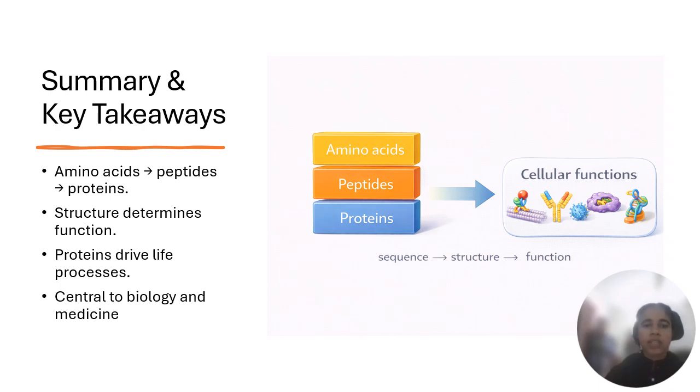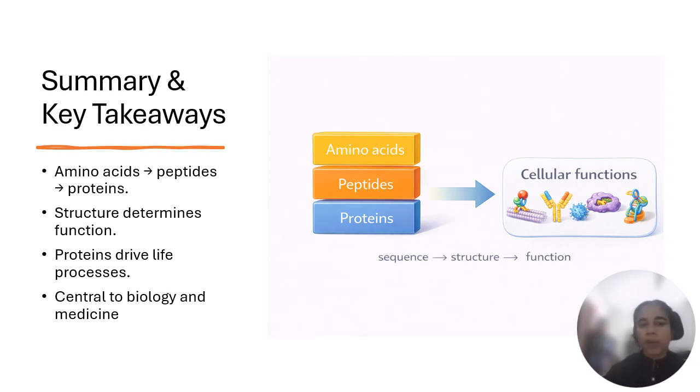Now let's summarize everything that we have learned. We started with amino acids, the smallest building blocks. When amino acids join together, they form peptides. When peptides fold into complex three-dimensional structures, they become proteins. And these proteins perform nearly every important function inside the cell. One key principle we emphasized throughout is that structure determines function.